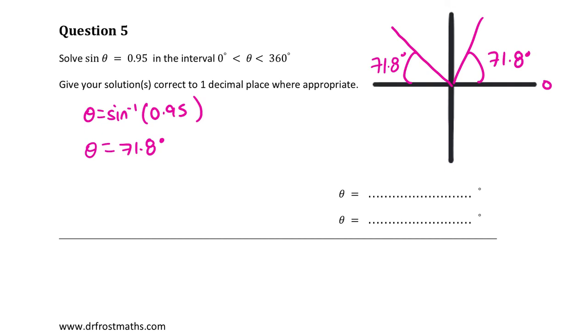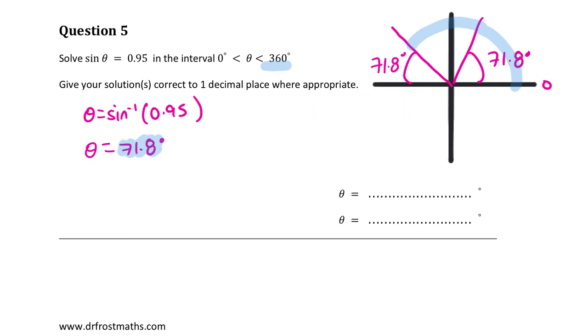So essentially what I'm finding is, first of all, I'm going to start at 0. My interval finishes at 360. I go across and I cross my first one at 71.8, which we already have. I keep going, I get to 90. I keep going, I get to this one. Now, what is this angle? This angle here is essentially 180 minus 71.8. Imagine a straight line. You've been given this.